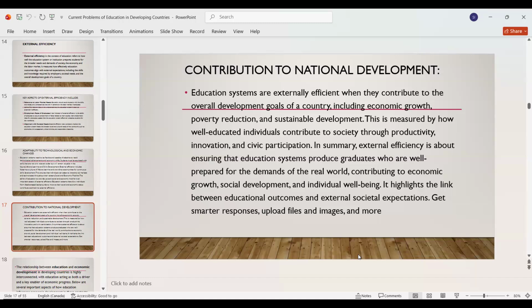But I think in the future, it's not going to happen because they can't do corruption, and there are a lot of issues, even no pension for them, right? So in summary, external efficiency is about ensuring that the educational system produces graduates who are well prepared for the demands of the real world, contributing to economic growth, social development, and individual well-being.